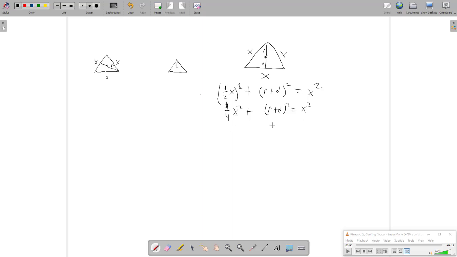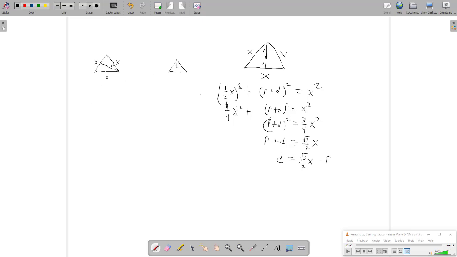So move that over, you get r plus d squared equals 3/4 x squared. Square root both sides, r plus d equals square root of 3 over 2 x. So d is square root of 3 over 2 x minus r.